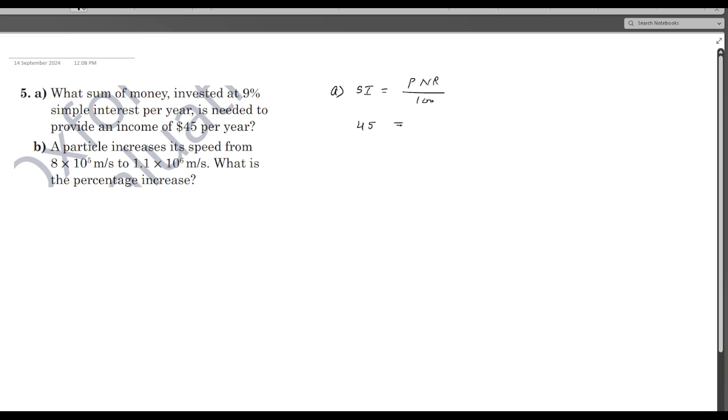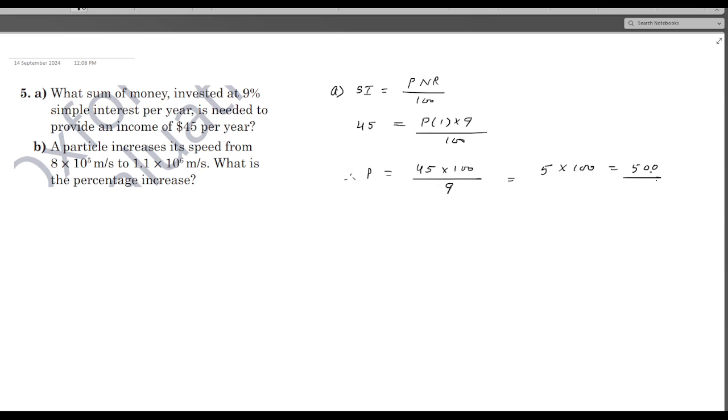The sum which I should invest, I don't know, so P will remain as it is. Number of years we will consider 1, because per year I want $45, and rate is given 9%, so P into 9 divided by 100 is 45, and therefore your P is 45 times 100 divided by 9. So 9 5s are 45, so 5 times 100, the result is 500. So you must invest $500.